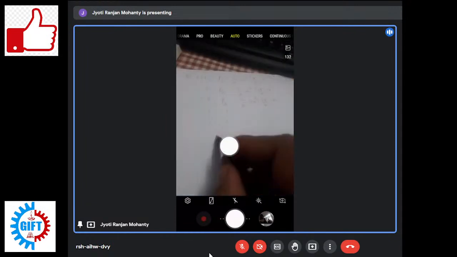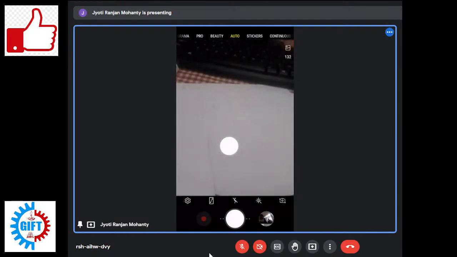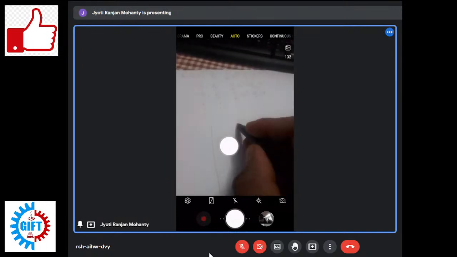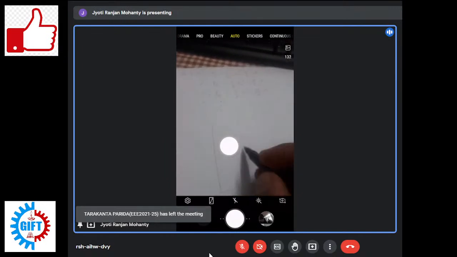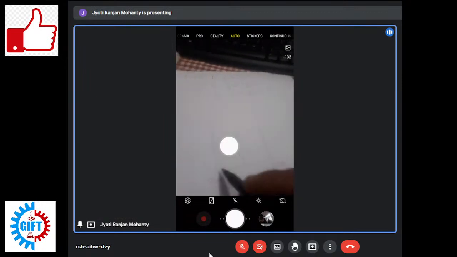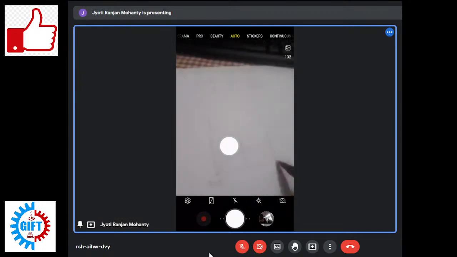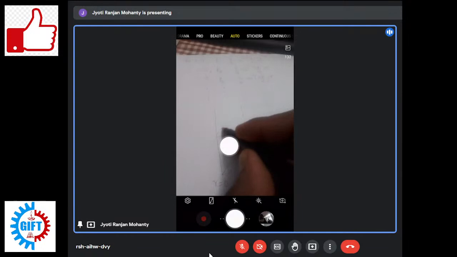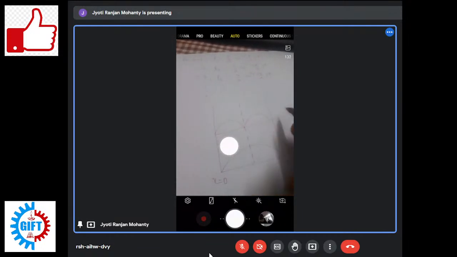So how can we represent this graphically? Plot the same diagram. You see the difference between probability and the eigenfunction. This is x is equal to 0, x is equal to a. This is the first probability, P1. Next is the second probability, P2.